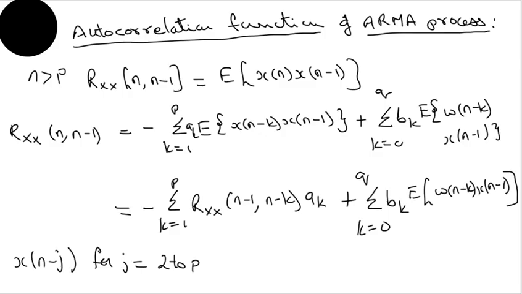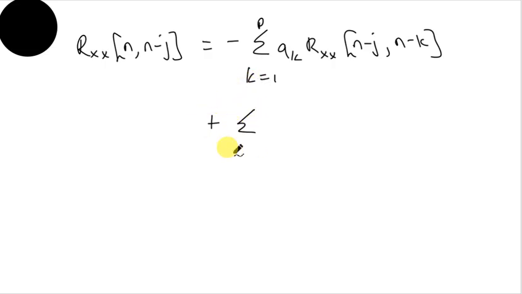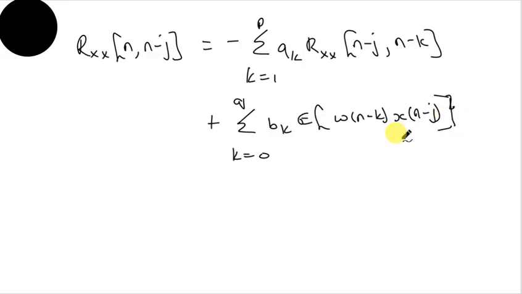When we go for this assumption, we will be getting rxx of n comma n minus j equal to minus summation k equal to 1 to p, ak rxx of n minus j comma n minus k, plus summation k equal to 0 to q bk into expectation of w of n minus k into x of n minus j, where my j runs from 2 to p.